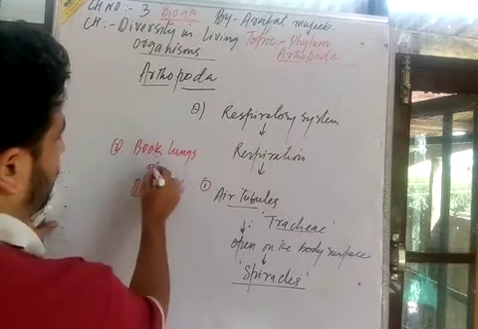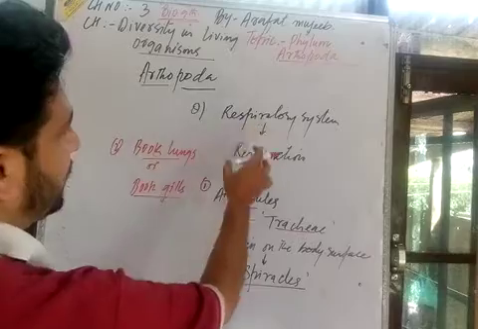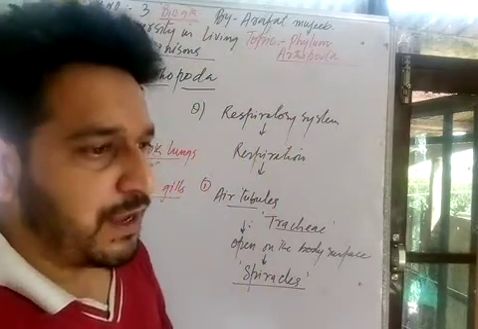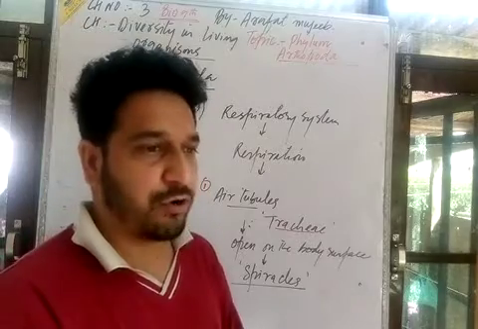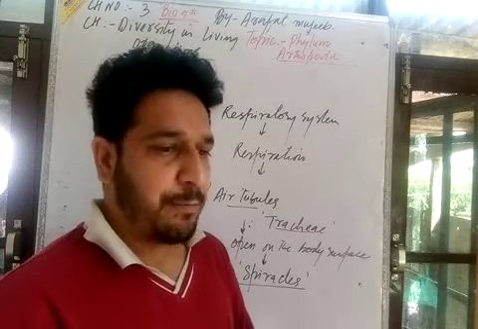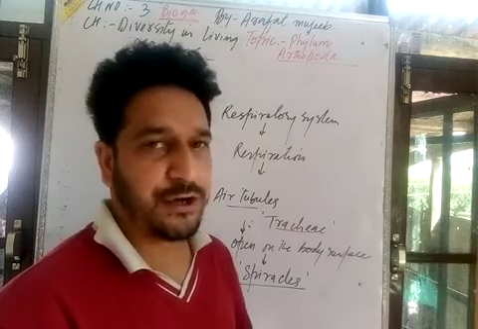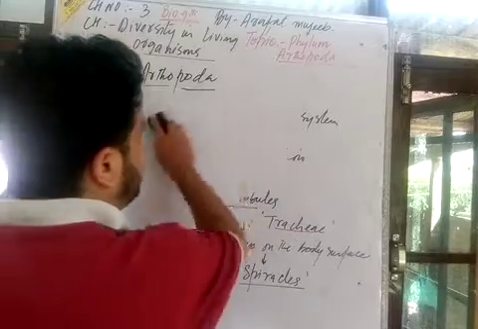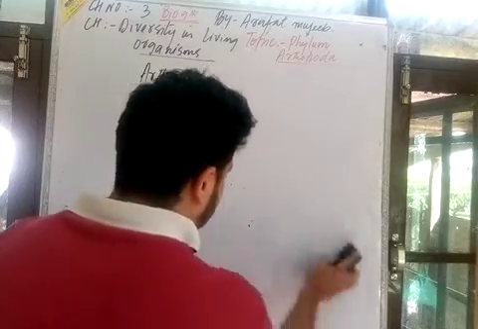These are also the respiratory organs associated with the respiratory system. They are taking in oxygen and leaving out the carbon dioxide when there is the breaking down of food in their tissues, in order to get the energy. Here we move ahead.